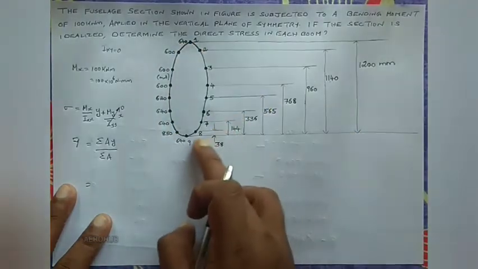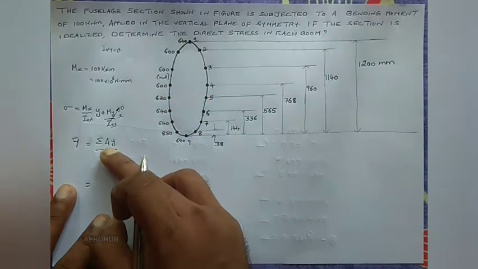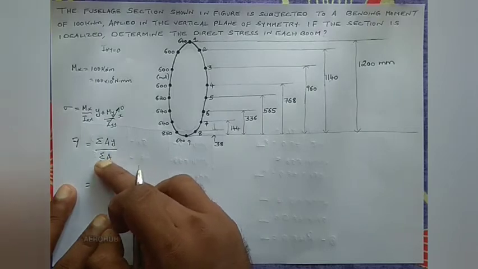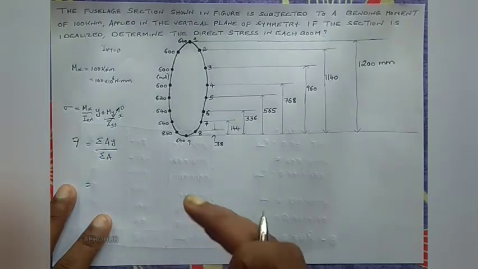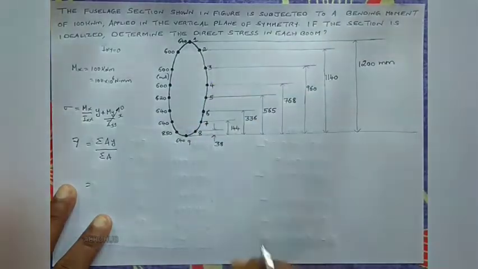Similarly we have to consider all 16 boom areas to calculate the summation of Ay. Then we divide by the summation of area, that is the total sum of the boom areas. We are not considering the area of the skin section, we are only considering the boom areas, since the boom areas carry the direct stress and the shear stress is carried by the skin section.